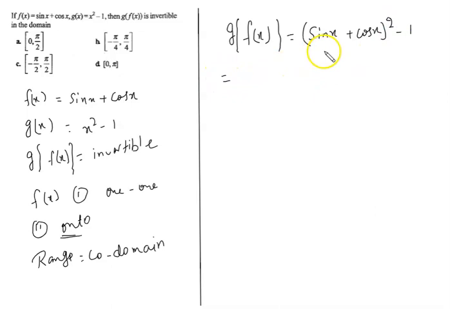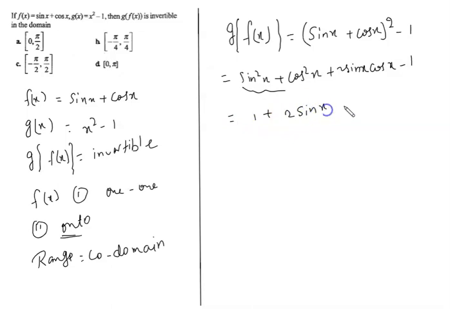Now I am going to apply the formula for (a plus b) whole square. We can write it as sin square x plus cos square x plus 2 sin x cos x minus 1. We know that sin square x plus cos square x equals 1, so we have 1 plus 2 sin x cos x minus 1.